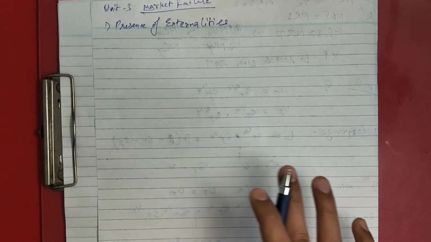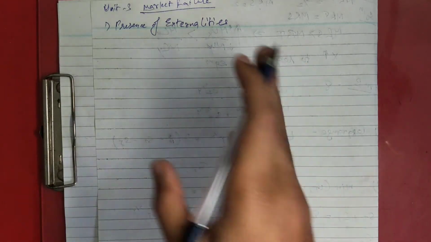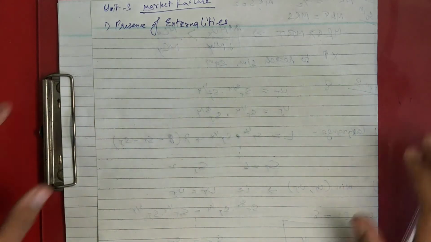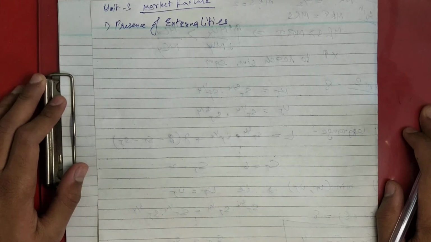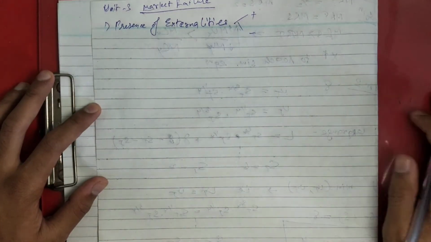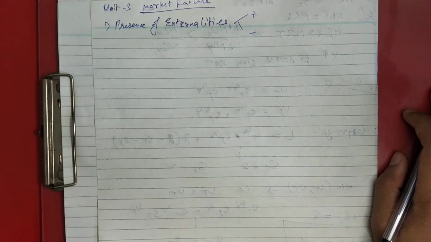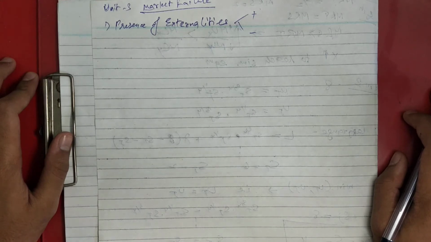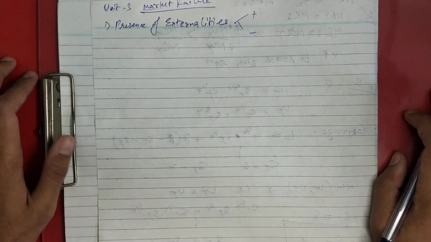You all have studied externality in your 12th standard and in your previous semesters also. So what is externality? There are two types of externality, positive and negative, we all know. When an action of an economic agent creates cost for others, but that cost is not borne by that economic agent, what type of externality is it?